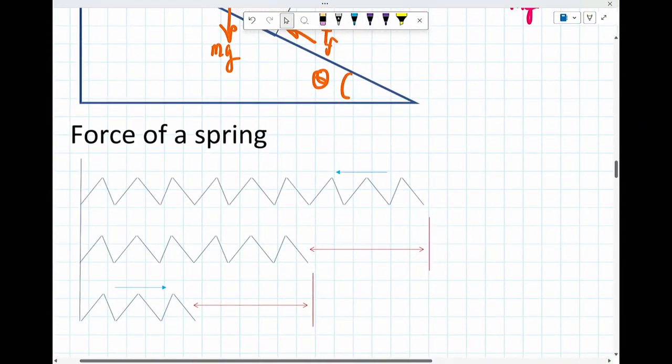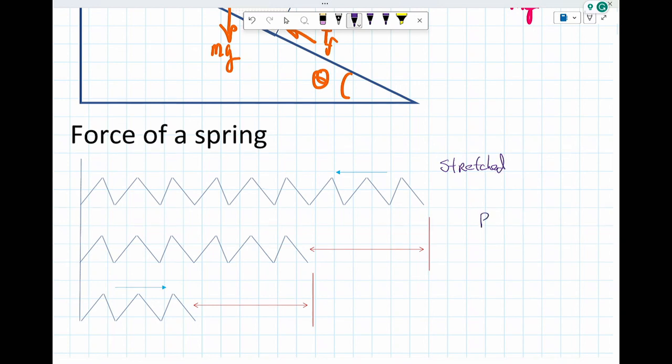So we end up with a couple other kinds of forces. One of them is spring forces. And we have three different cases we consider: stretched, relaxed, and compressed.